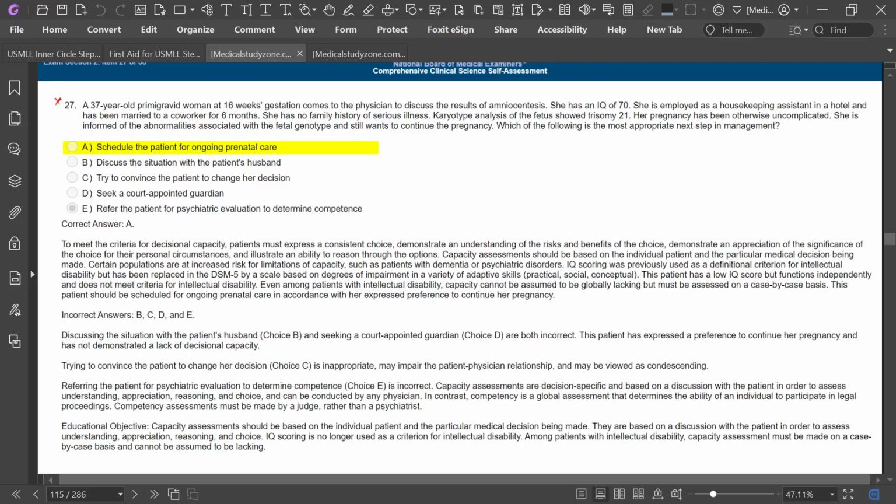So that's why we schedule the patient for ongoing prenatal care? Like in this case, she can abort the baby, isn't it? So that's the thing we are looking for.